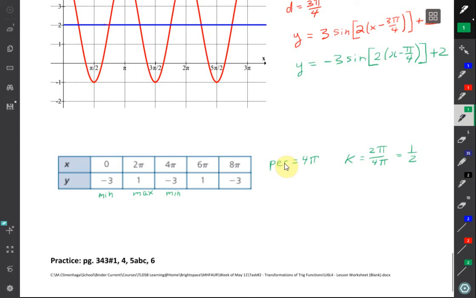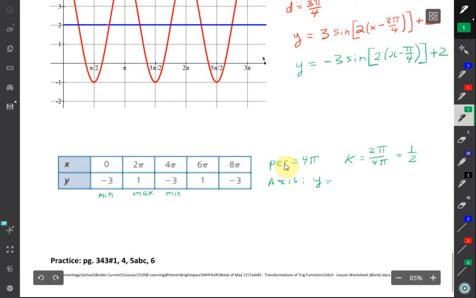Now my axis, this is where the formula could come in handy, right? The axis is halfway in between. So I could simply do my formula, or you may already have thought of what's halfway in between here.